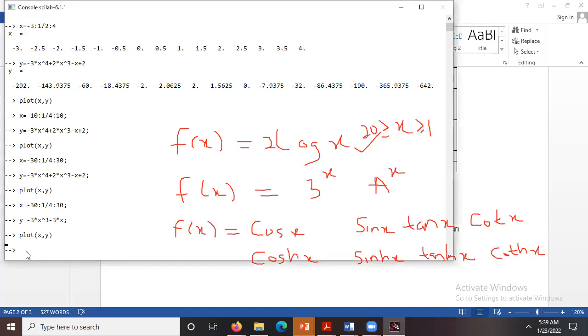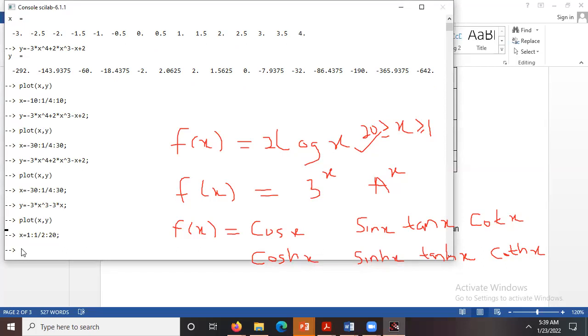We have x from 1 to 20. This time I'll use a step of a half. So x is 1 to a half to 20. I want to suppress the output. Then the next one will be y, which is 2 times what? Log of x. Okay, good.